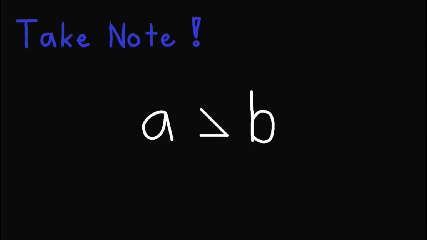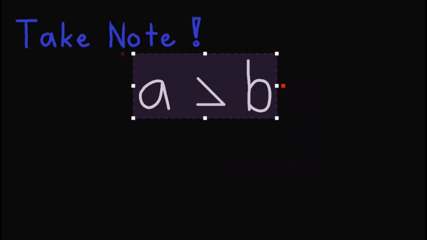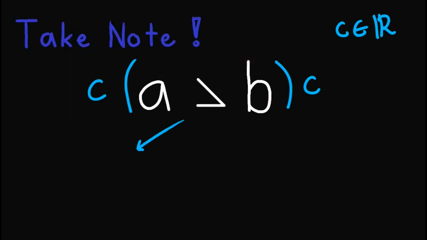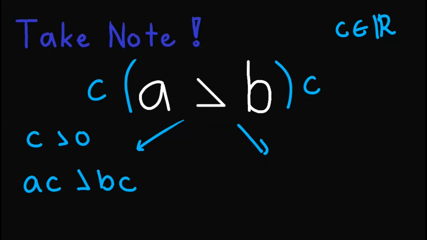But take note that when we multiply a constant to an inequality, we'll have actually two cases. So say we want to multiply both sides by a constant c, wherein c is a real number. If c is positive, then we'll simply have ac greater than bc. So there are no changes in the inequality.